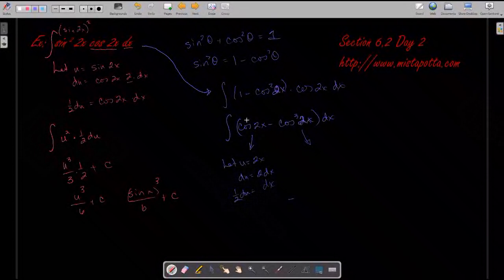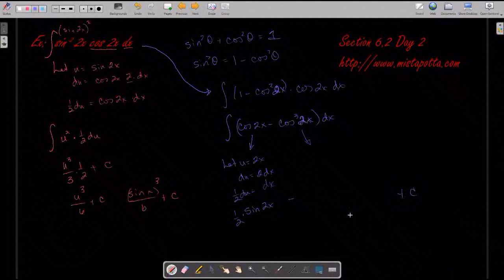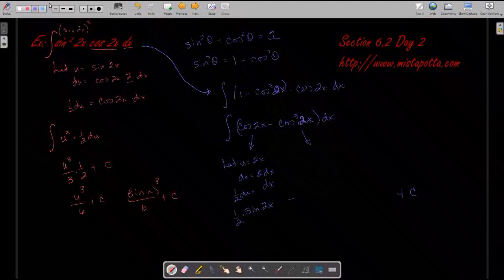And I know that the antiderivative of cosine is sine, so this ends up being sine of 2x times 1/2 plus a constant, which I can take care of at the end. But over here, this is a little bit more troublesome.